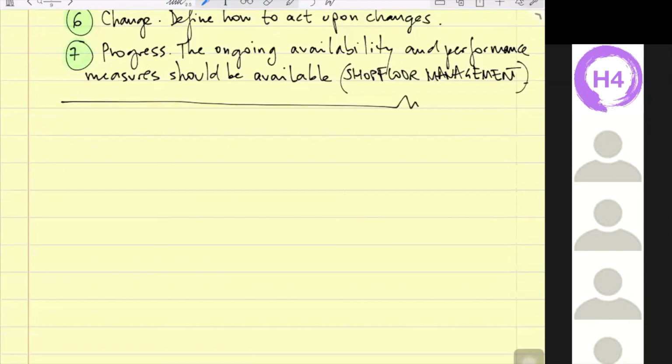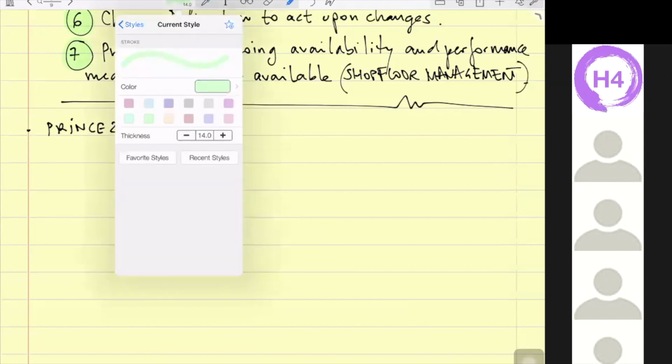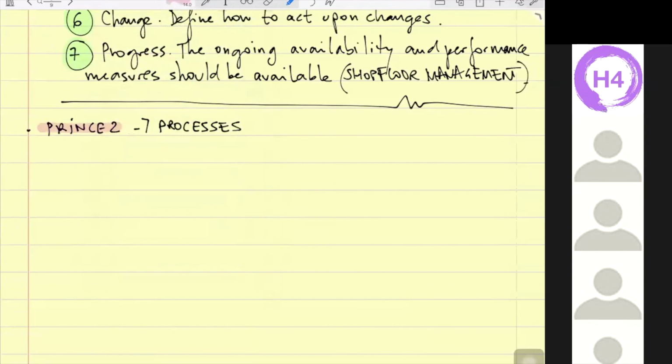Okay, and the 7 processes for PRINCE2, which is the last point for today. Seven processes. The first one is starting up the project.